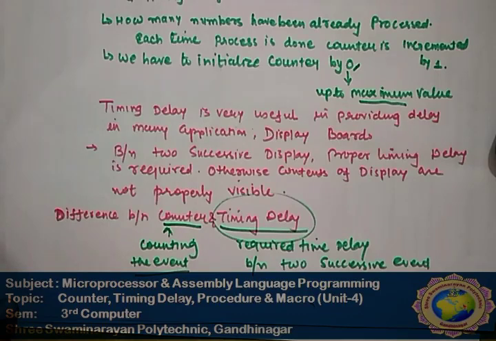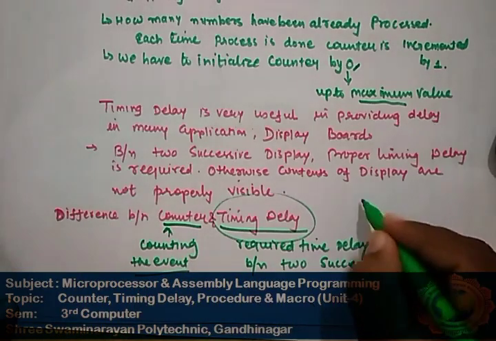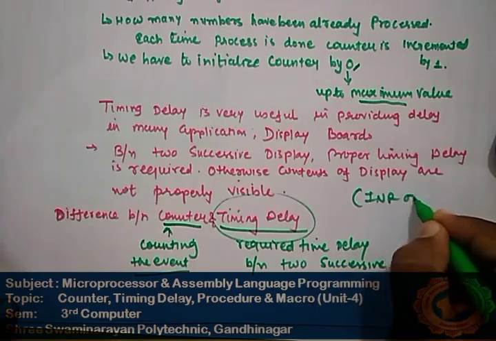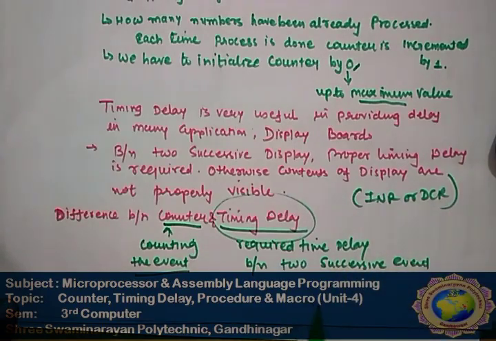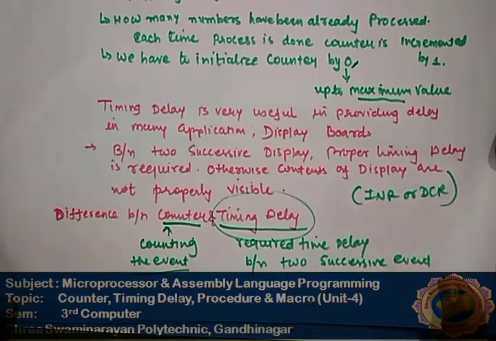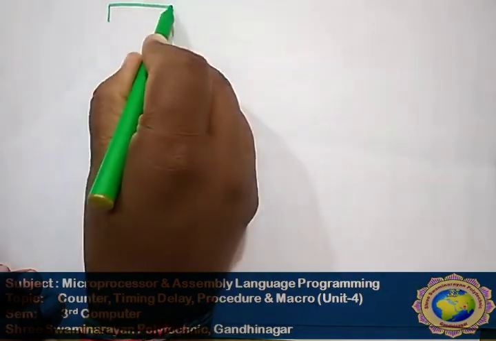To increment and decrement the counter, we have to use the INR or DCR instruction. We will see how it counts with the use of a flowchart. First, for the counter, we have to initialize it.